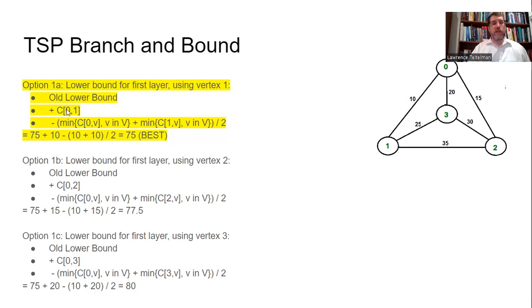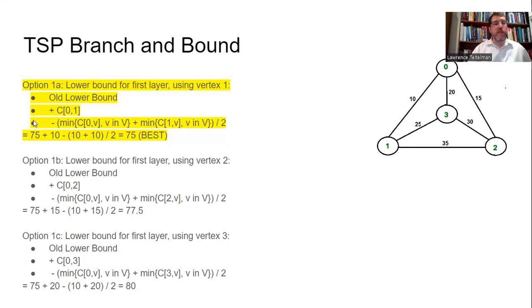Plus, subtract off what I already used. It says I have to subtract off the edge that I already used, because part of that lower bound was going in and going out. So subtract off what I already accounted for in that 75 of going in and going out, and divide by 2 because I'm going in and going out.